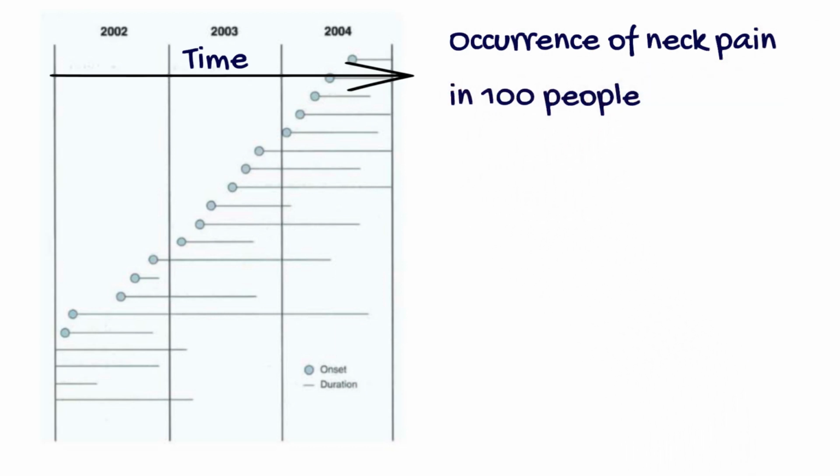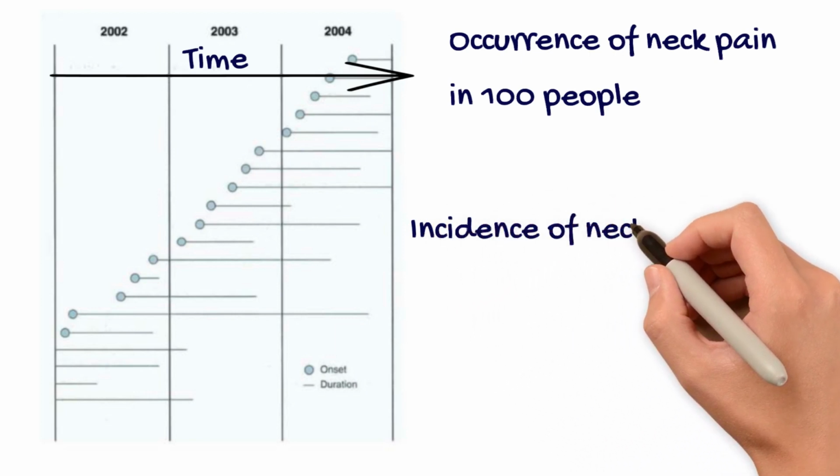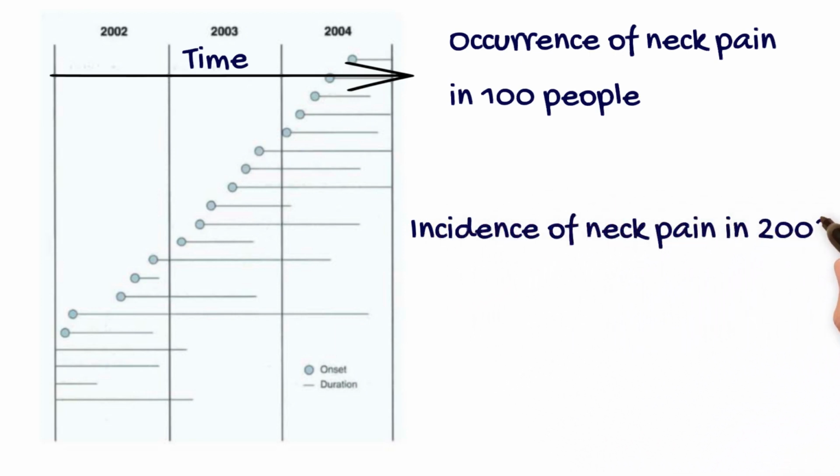The onset of a new episode of neck pain is represented by circles, and the existing neck pain is represented by straight lines without circles. In 2002, the annual incidence of neck pain is 5 divided by 96.